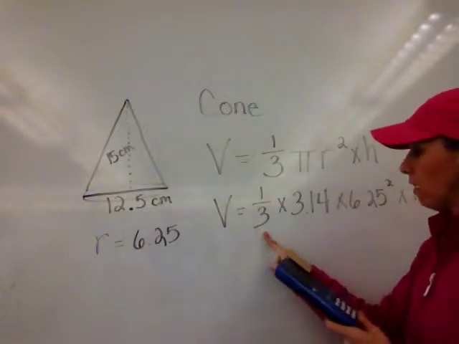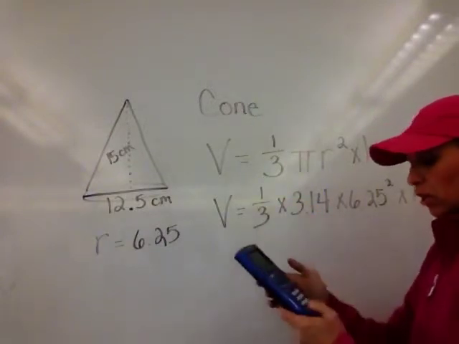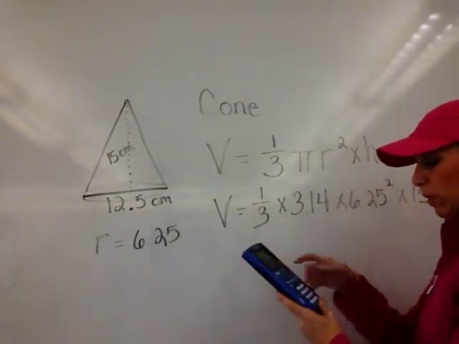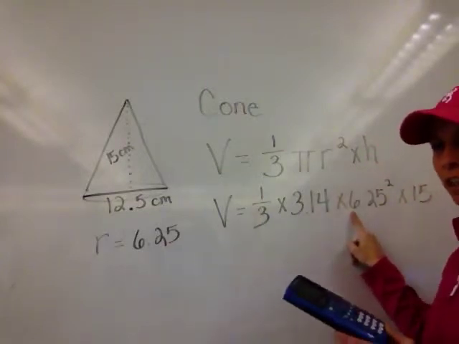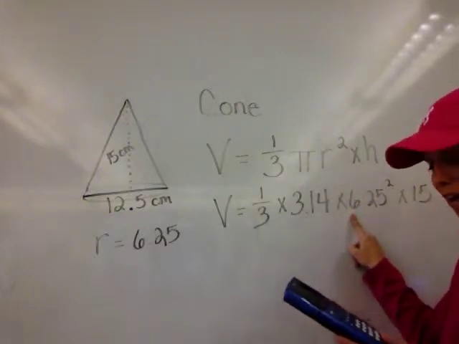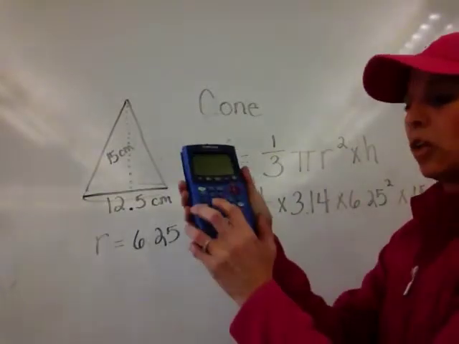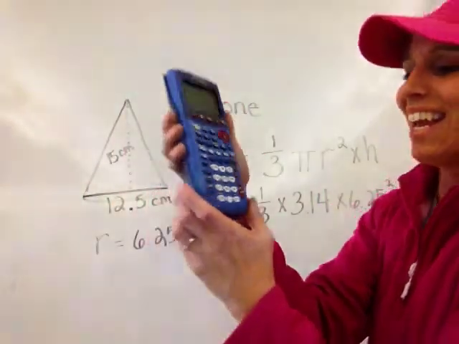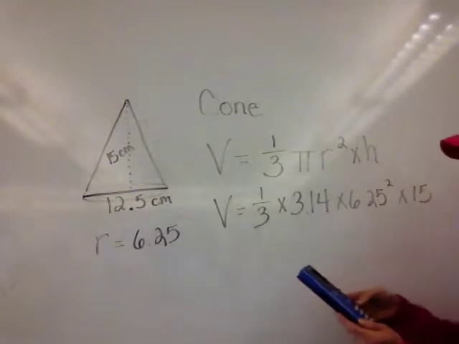Now don't get freaked when you see this fraction. It's no big deal. All you do in your calculator is do 1 divided by 3, times 3.14, times, now this I'm going to do a little differently this time. You can punch in 6.25 times 6.25, or you can do times 6.25, hit the little caret button, that little up arrow, and then hit a 2 because it's squared, and then times your 15.